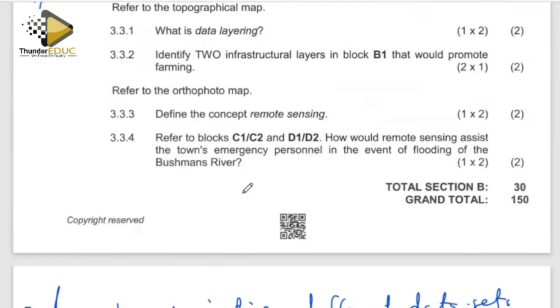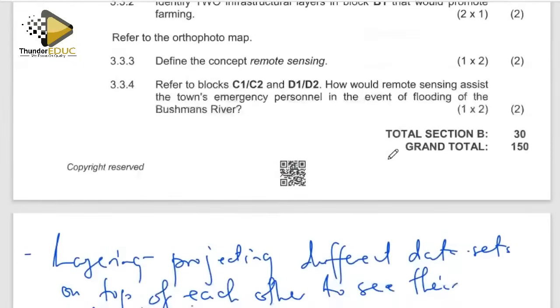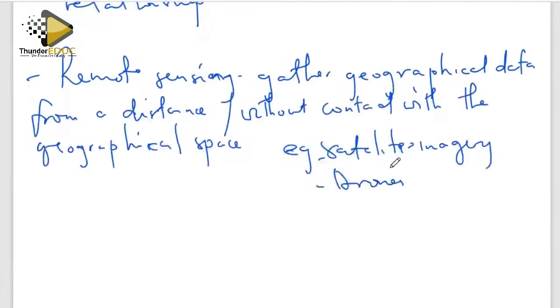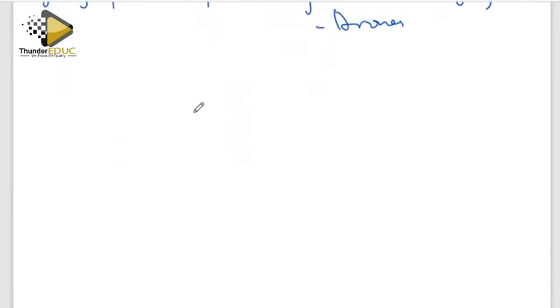Refer to block C1, C2, D1, D2. How would remote sensing assist the town's emergency personnel in the event of flooding of the Bushman's River? Right, we are just generalizing since we don't have the map. How can they use remote sensing in that particular area when there's a flood? Why we need remote sensing during flooding?